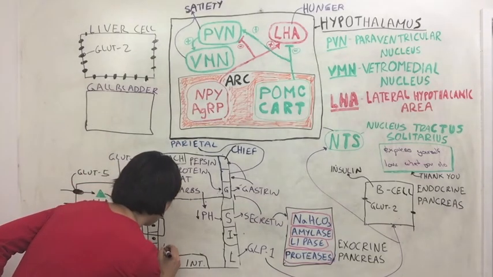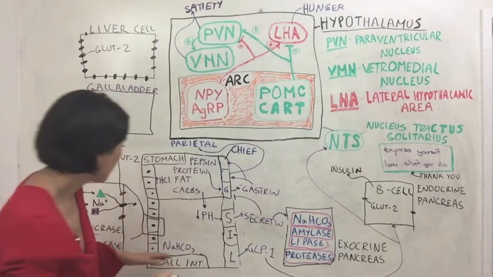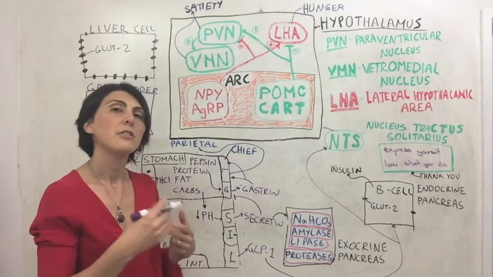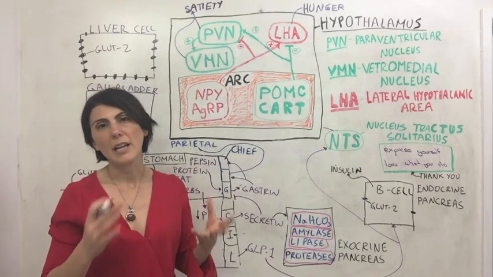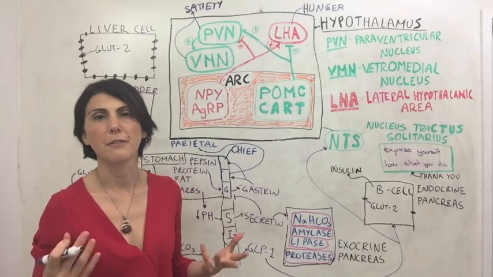So we have sodium bicarbonate, and this basically neutralizes the acid chyme that comes in. And you want to do this because a lot of the enzymes require a more neutral pH in order to function effectively.